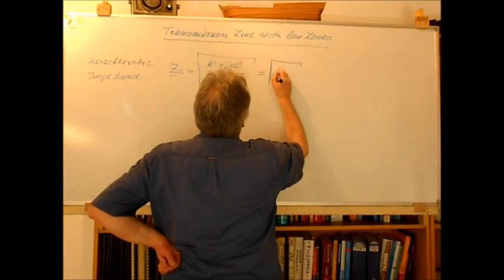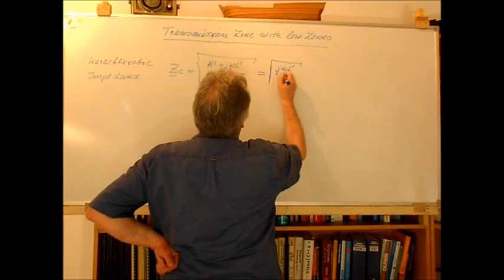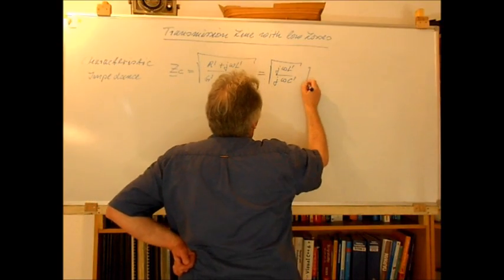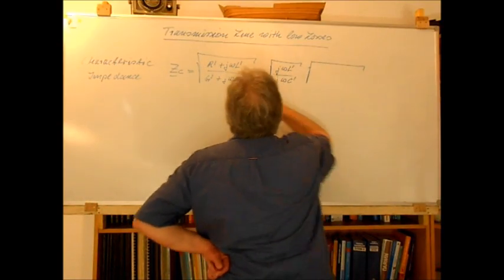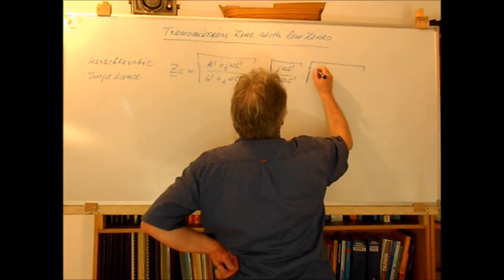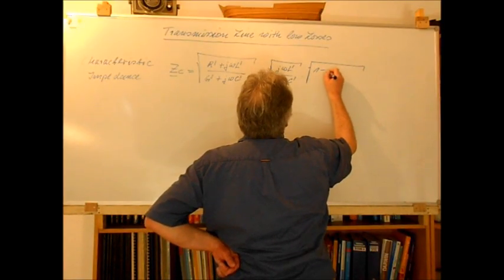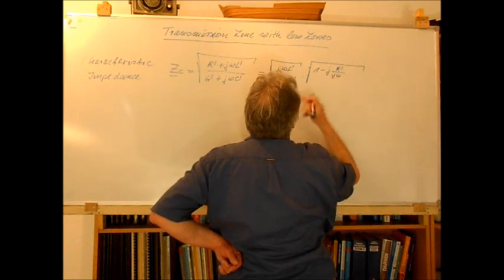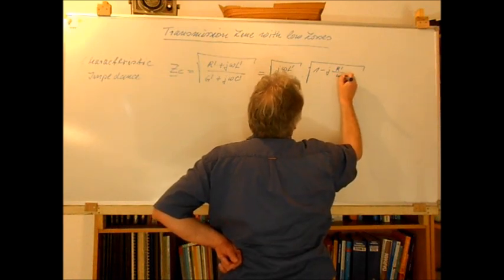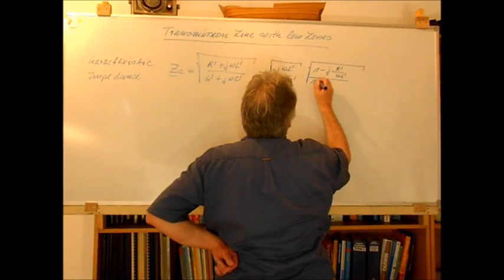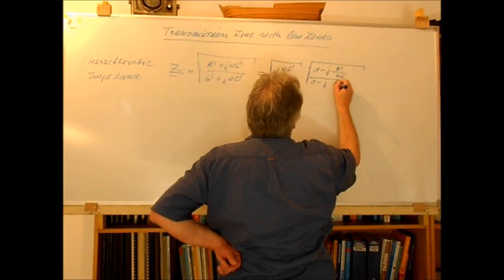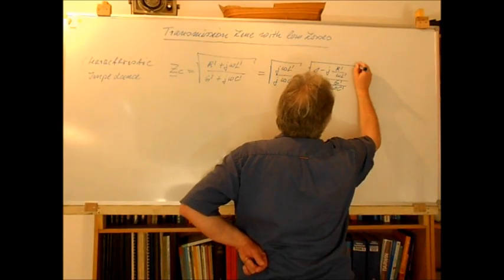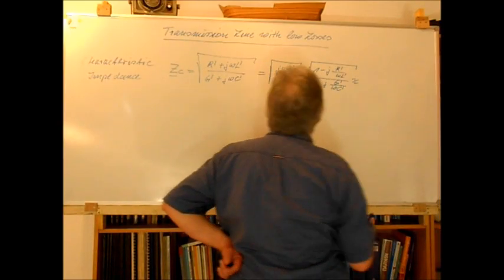This means we will have here 1 over omega L prime divided by 1 over omega C prime times the square root of, here you have again 1 minus j R prime over, sorry, not j here, but omega L prime divided by 1 minus j G prime divided by omega C prime. And here we can again use our approximation.